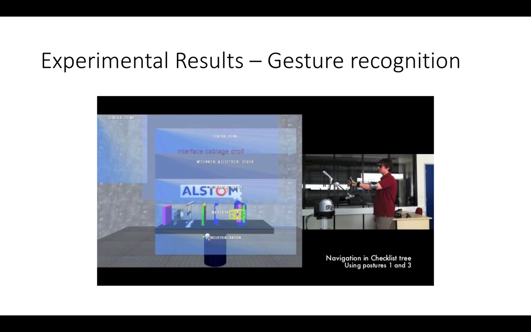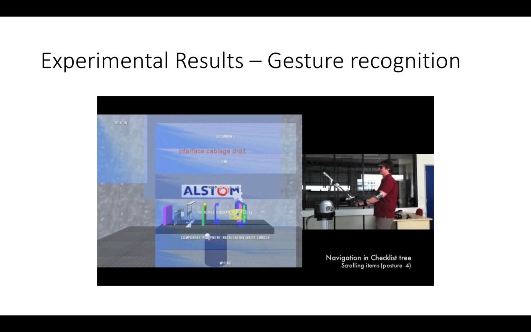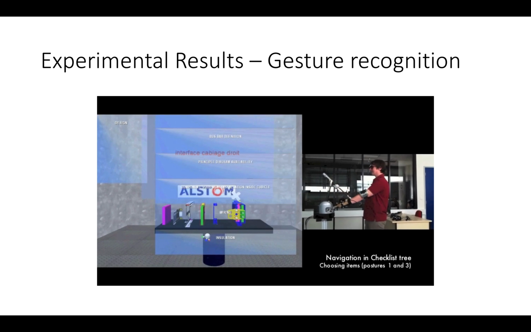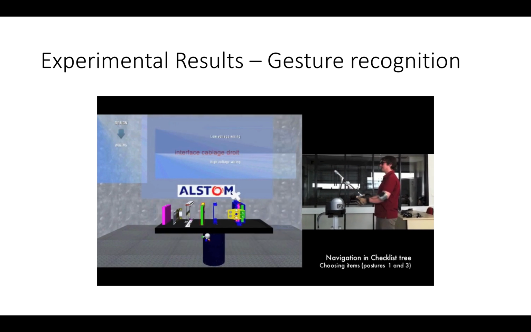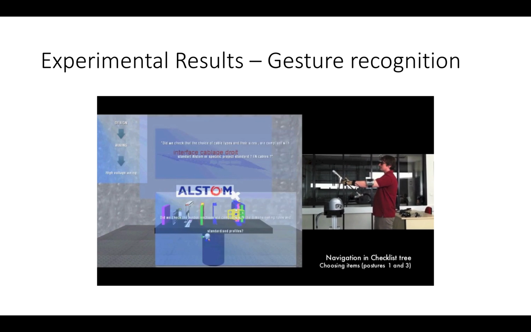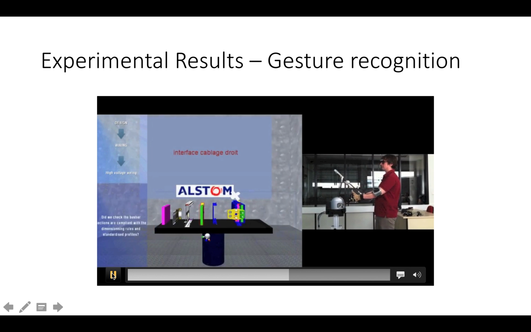Now using postures 1 and 3, scrolling items using posture 4, choosing the items again using postures 1 and 3, and you get the point. So I don't want to go through the whole video here.